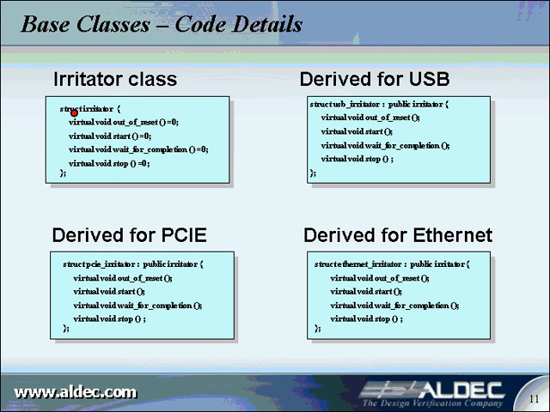But what a struct does is it says the default scope is public for all these guys, so that you don't have to worry. Normally, if I was going to do this in the class fancy way, I would say class irritator, and then right down underneath here before this virtual, I would say public, which would say, hey, these are all public. But by making it a struct, I'm basically implying that. Plus, it shows you that it's nothing fancy. If you've ever worked in C, it's the same old C structure. Good question. Okay, clear.